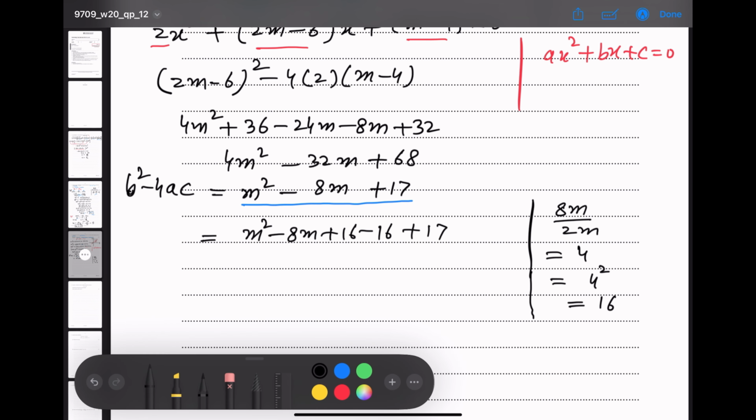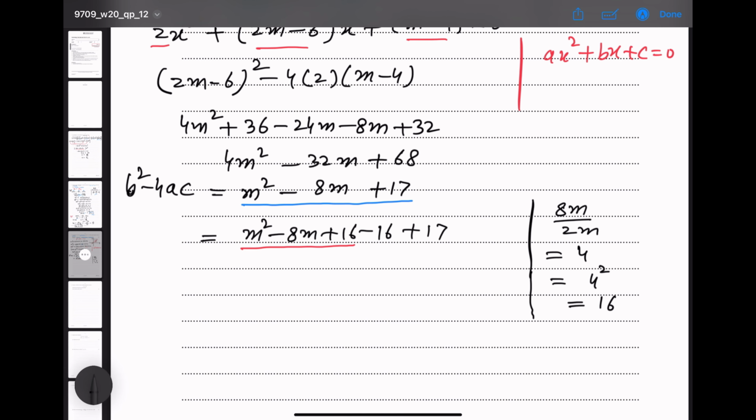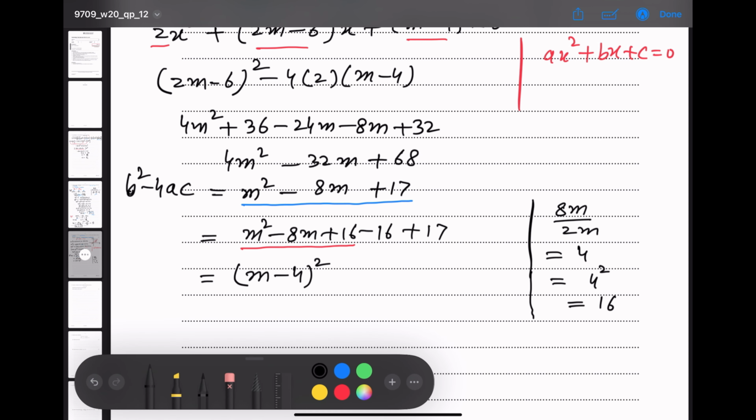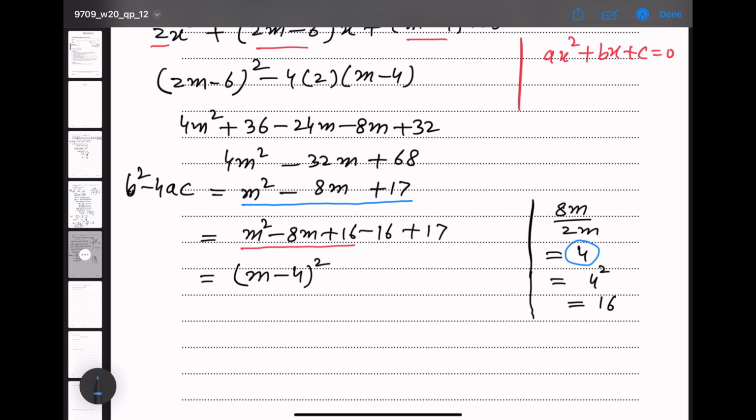This becomes a perfect square. So we will write it in square form, m minus 4 whole square. Where this 4 comes from, see here we have found it. m minus 4 whole square plus 1, 17 minus 16. Now this is b square minus 4ac.